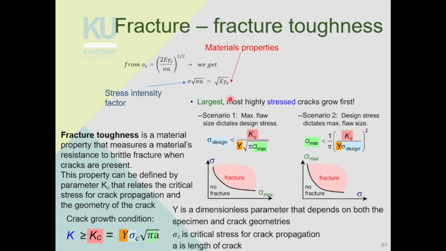Okay, so from sigma c equal to (E gamma c over pi a) to the power of a half, we get sigma square root pi a equal to square root of E gamma c, right? So from this, we rearrange, and this is the stress intensity factor, and this is the material property, the gamma and E, right?